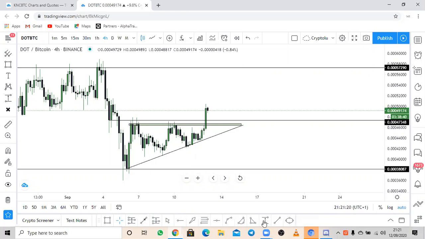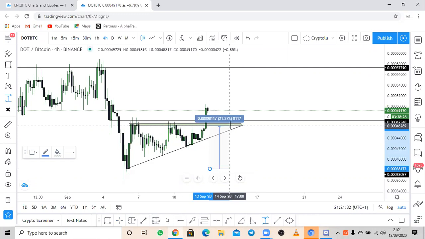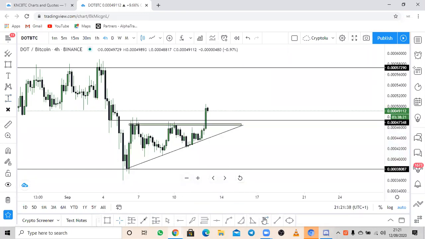They measure the peak from here to this point, to this equal level here. So this is around 21%. Let me do the same thing again. From this equal level here, let's look for 21%.